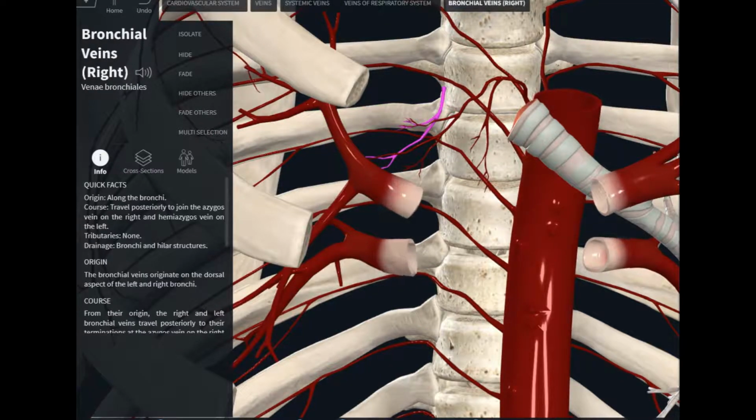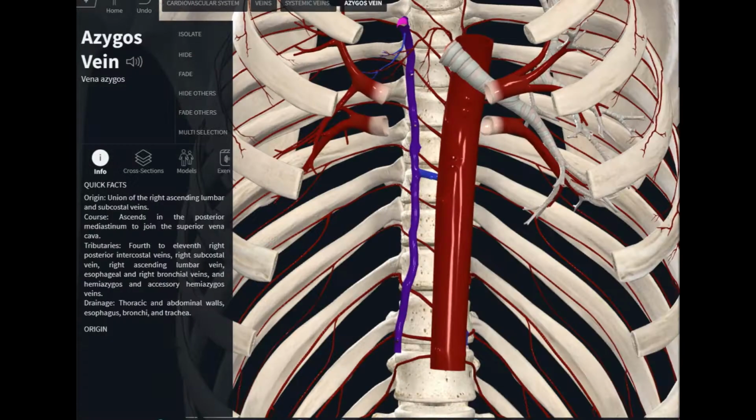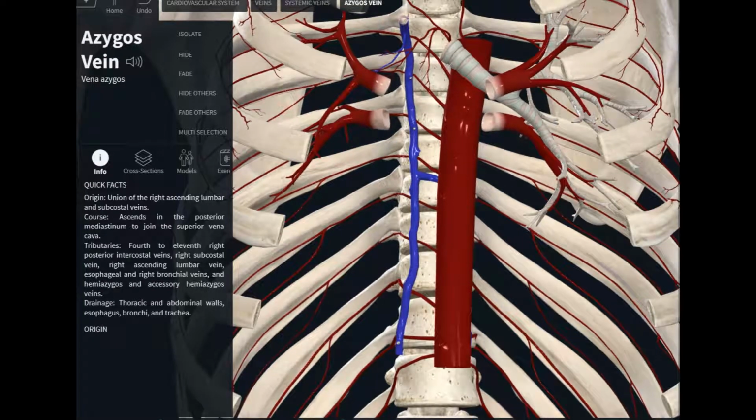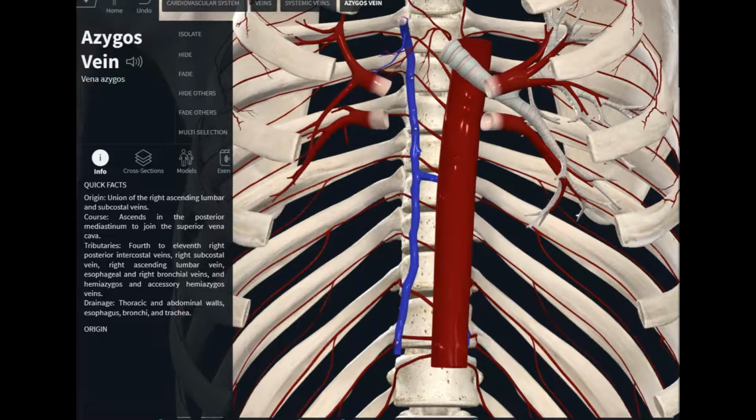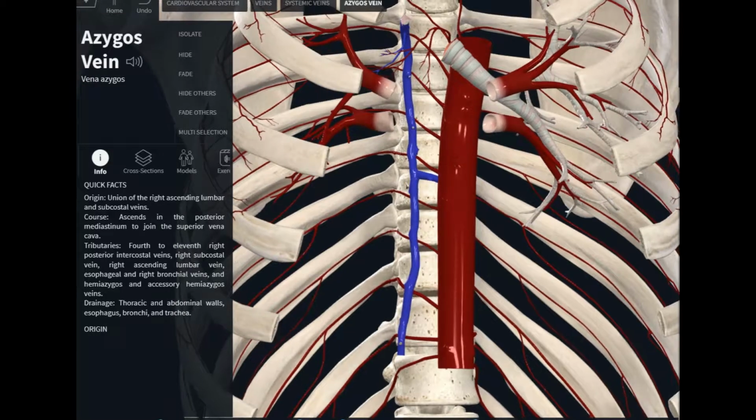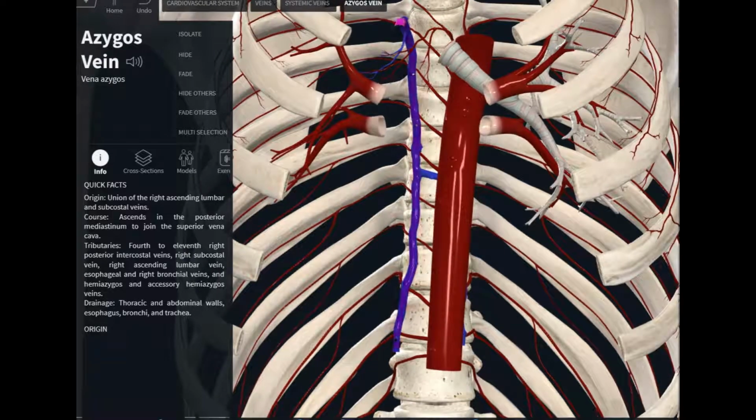So just like we have the carotid artery and the jugular vein, and they both lie approximately side by side, we also have the azygos vein, not the hemiazygos, I'm sorry. So we have the azygos vein that lies adjacent and towards the right of the thoracic aorta.